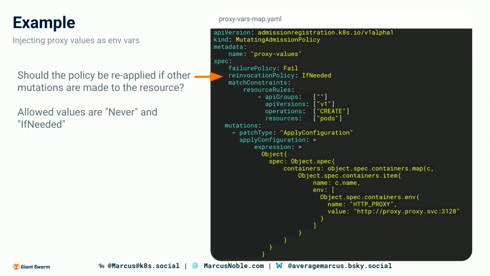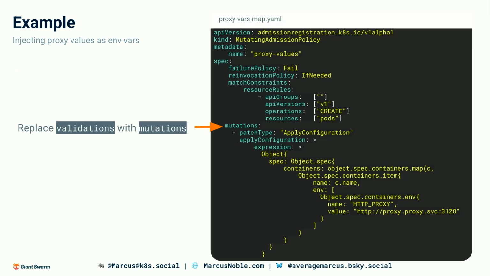Because there's no guaranteed ordering of what the mutations are applied in. So if you do have multiple, you may end up competing with each other. Now, the reinvocation will only happen an additional 1 time. So a maximum of 2 times is your policy will be applied. That is it.